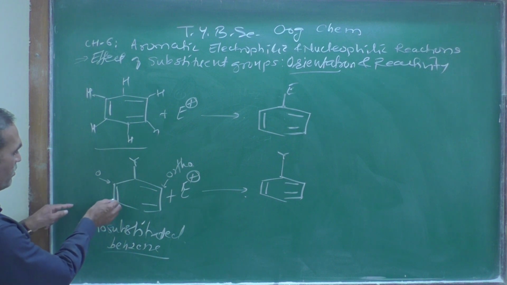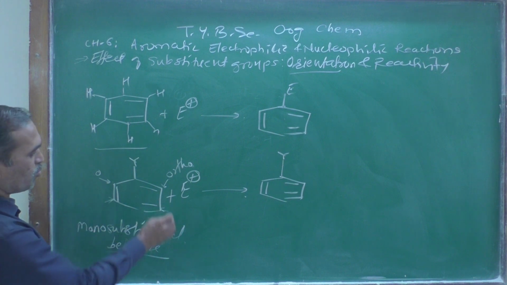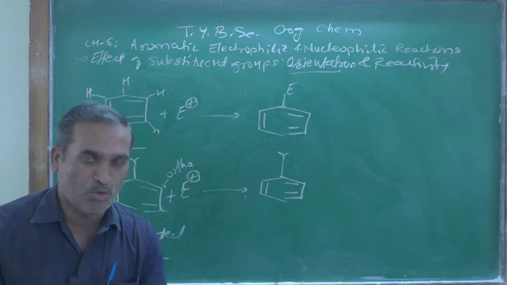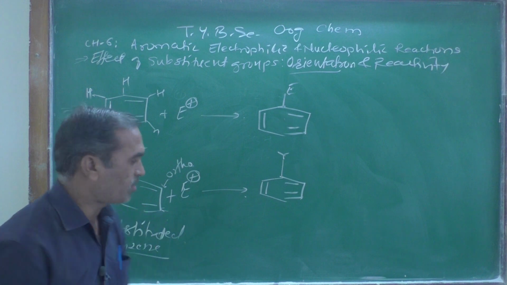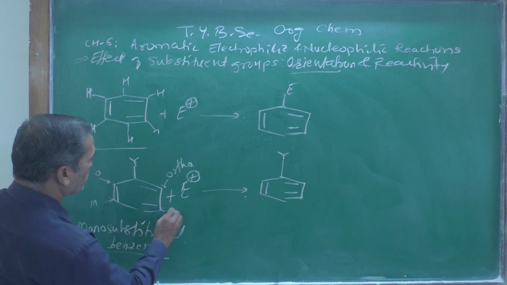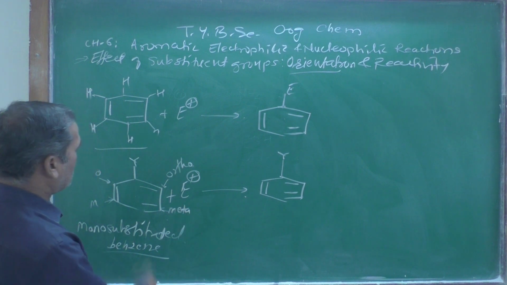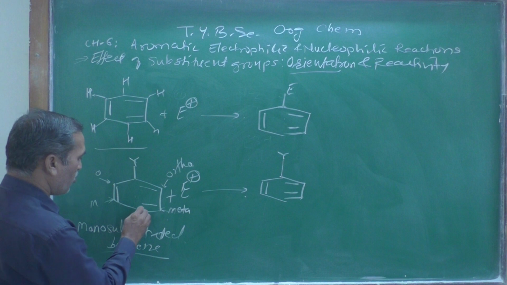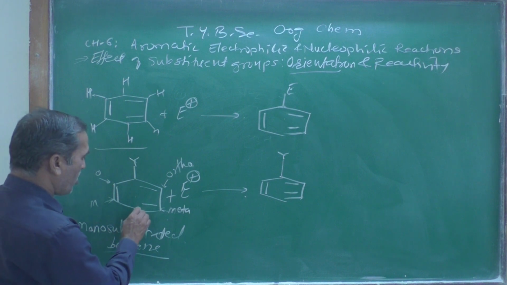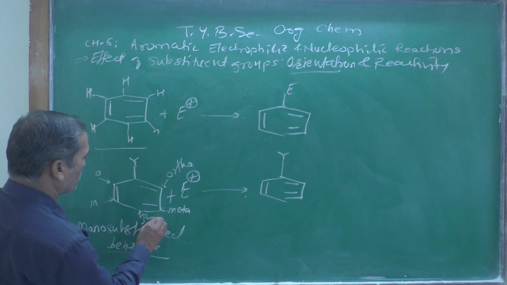Now if you look at these hydrogen atoms, these two positions are also identical, and they are termed meta positions, right? This is known as the meta position. And exactly opposite to this, only one hydrogen atom, this position, is termed the para position, right?